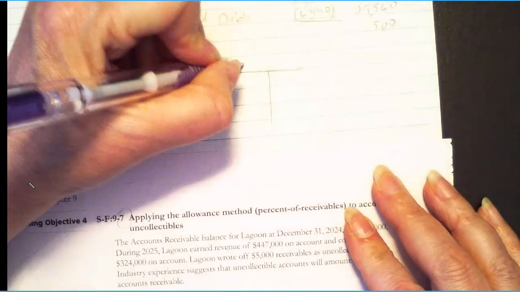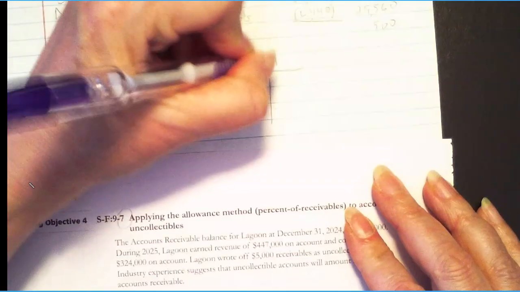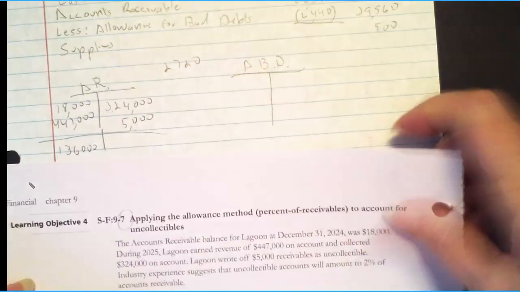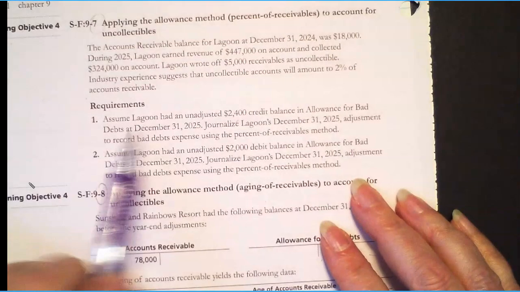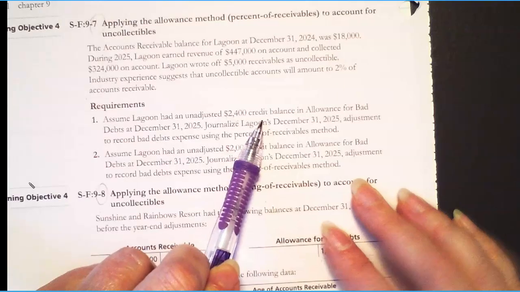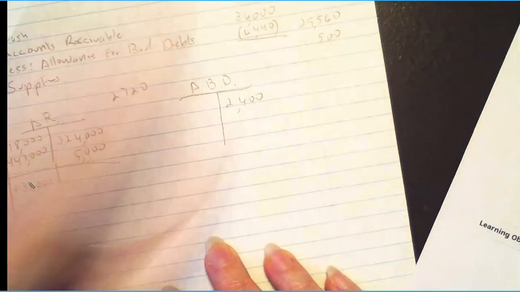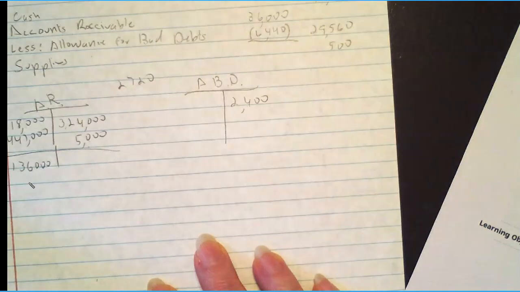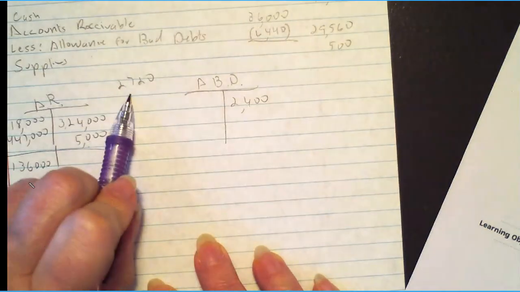Okay, here's my allowance for bad debts. What is in the allowance account? Well, it says assume we have an unadjusted 24 credit balance. Okay, 24 credit balance. I want this balance to be 272, so this is what I want it to be.